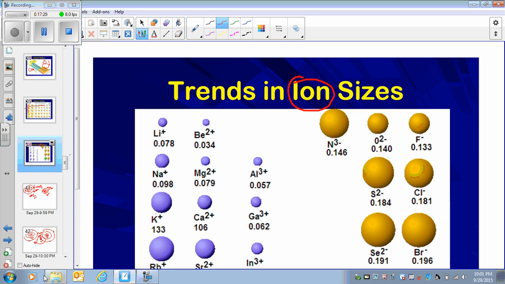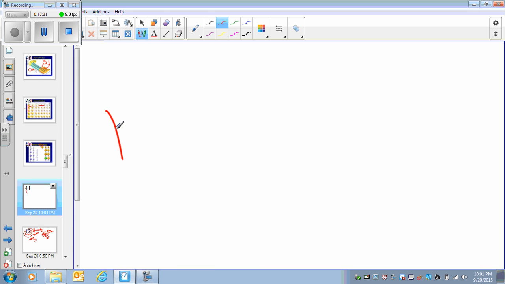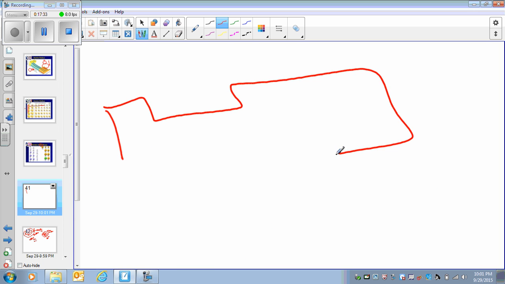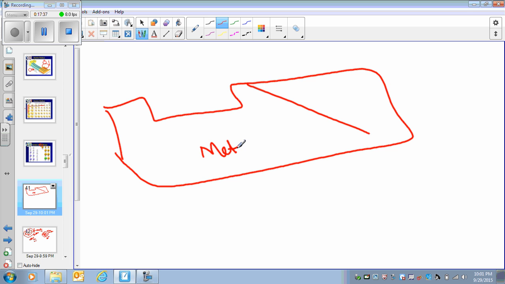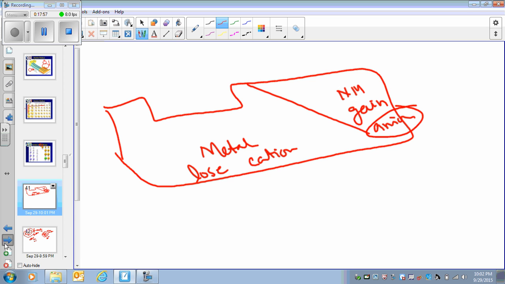As we know in the periodic table, we have metals on this side, non-metals on this side. All of the metals lose electrons and make cations. All of the non-metals gain electrons and make anions. So when metals lose electrons, their cations will be smaller in size, and the non-metals' anions will be larger in size.